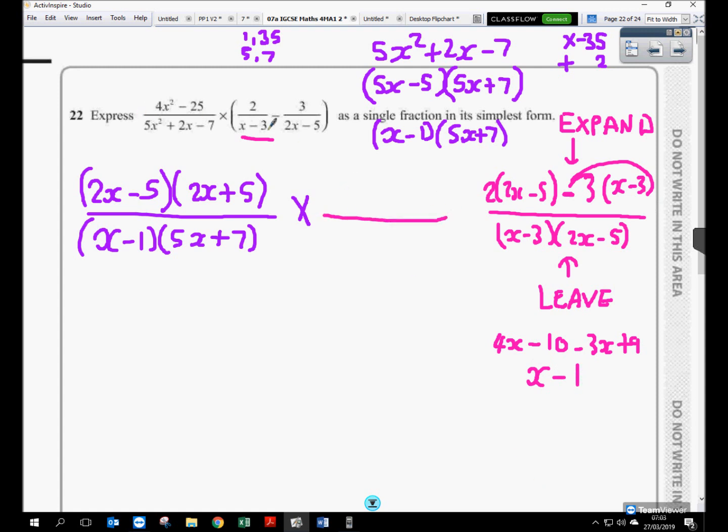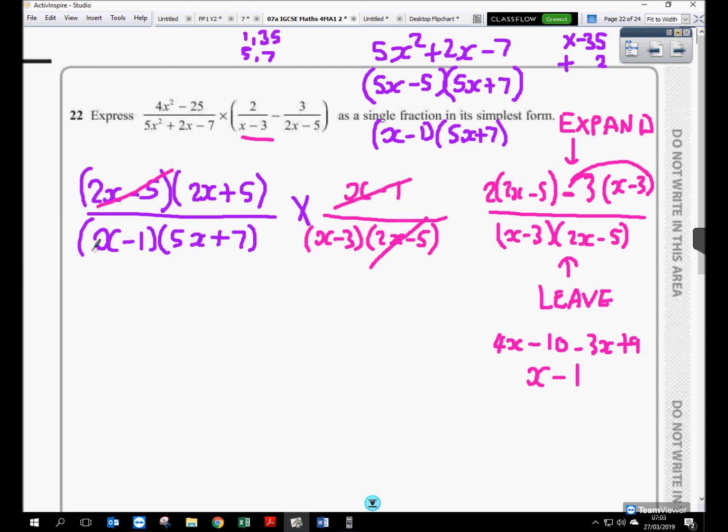So now, we're going to times this by, what do we have? x minus 1 in the numerator. And in the denominator we have x minus 3, and we have 2x minus 5. Now these two fractions are times together. That means we can cancel diagonally if we need to. What can we cancel? Cancel 2x minus 5 with a 2x minus 5.